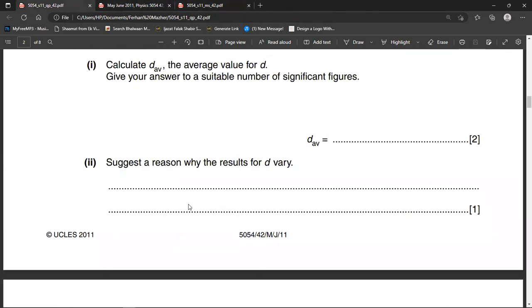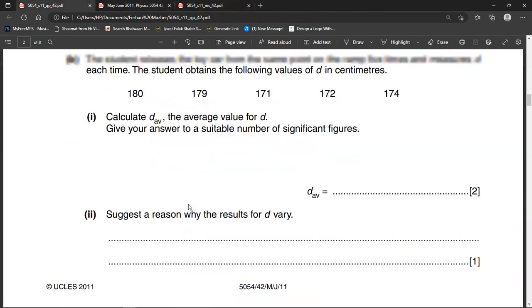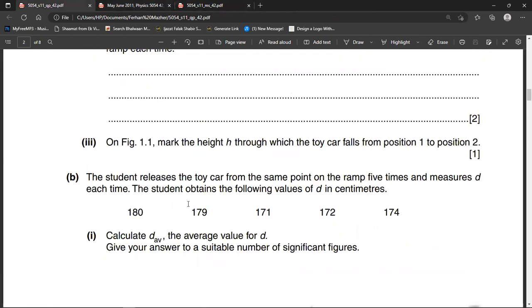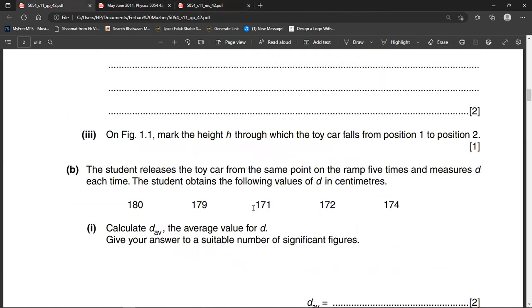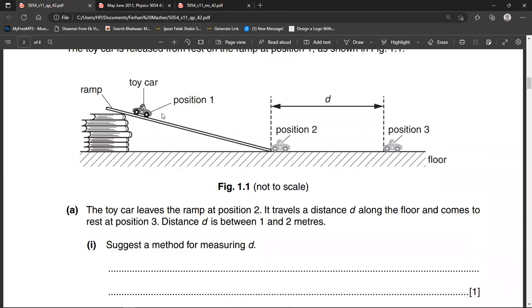Okay. Suggest a reason why the results of D vary. You see, sometimes the D value is 171, other times it is 179, 180. So this is a difference of approximately 9 centimeters. So the reason can be, when you release the car here, sometimes I think the student has released the car gently.